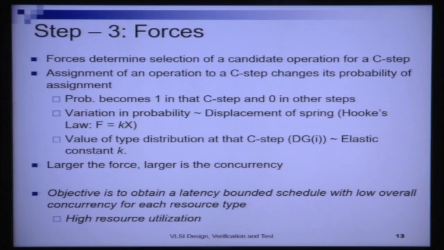Now, we will understand the concept of forces. So, first we understood the concept of time frames, which is 1 plus the mobility, and we also understood the concept of the probability of assignment of an operation at a given time step, which is 1 divided by the time frame of that operation. And then we understood distribution graphs.